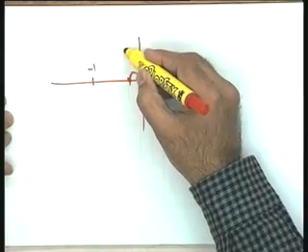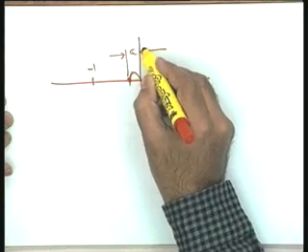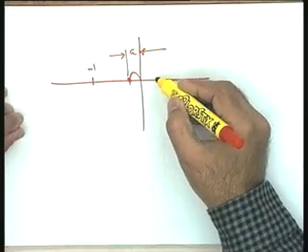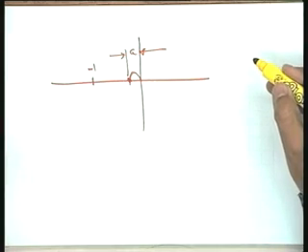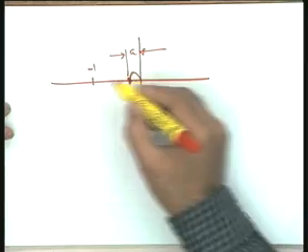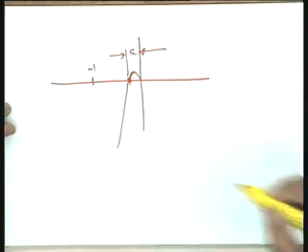So, I consider this to be the intersection point, and let us say that this is the magnitude A. It appears that the lower the magnitude A, the more stability is achieved, because the intersection is closer to this, and hence we are far away from the -1 plus j0 point. Please see this particular situation.